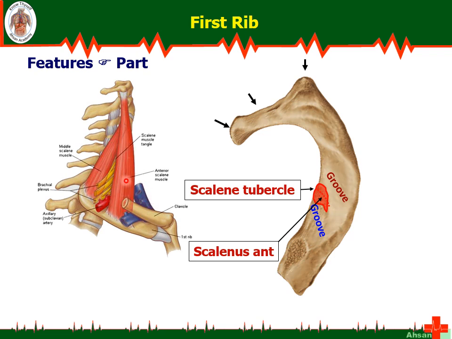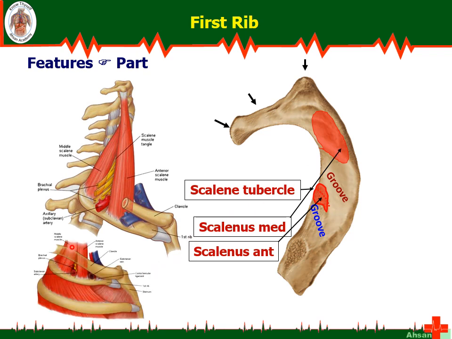Anterior scalenus muscle or scalene anterior is the same muscle. If you look behind the arterial impression, the second muscle, the middle scalene muscle, is attached here in this area. This is the area for the scalenus medius or middle scalene muscle.